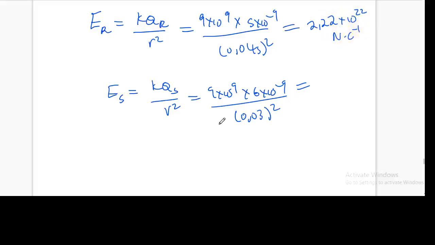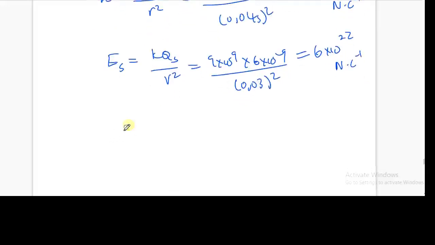And then at the bottom, I have 6 times 10 to the power positive 22 newtons per coulomb.